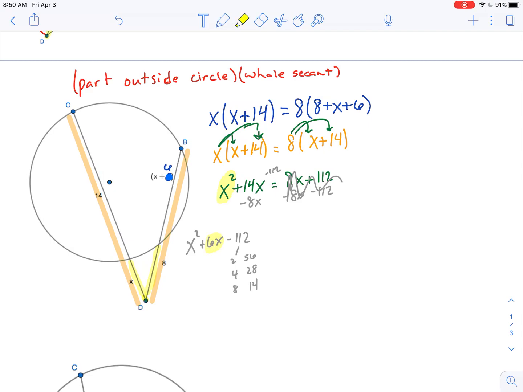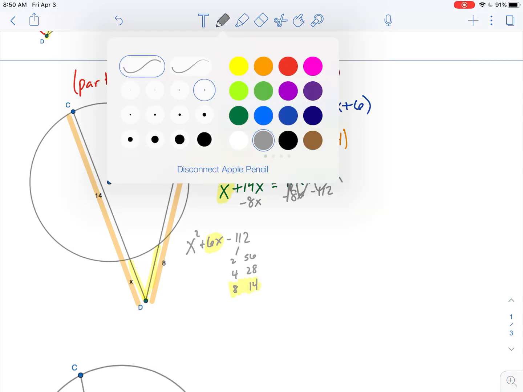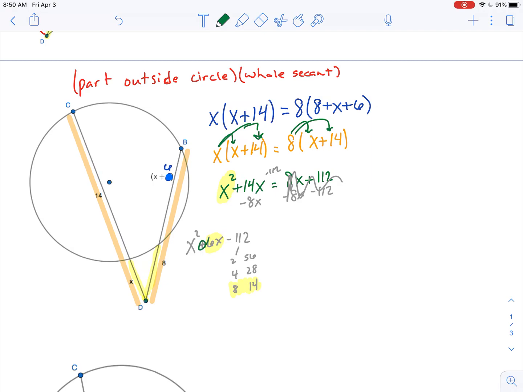And if I find the factors of 112, 2 and 56, 4 and 28, 8 and 14, I want the factors that combine to a positive 6. So these 2 are 6 apart. If I want a positive 6, then I want positive 14 and negative 8. So I want x positive 14 and negative 8. So the roots of this would be negative 14 and positive 8.